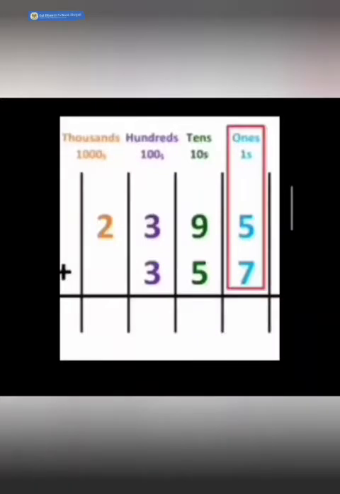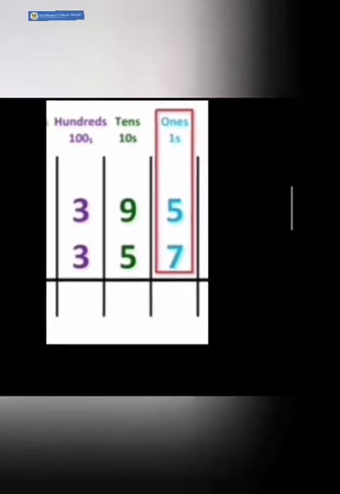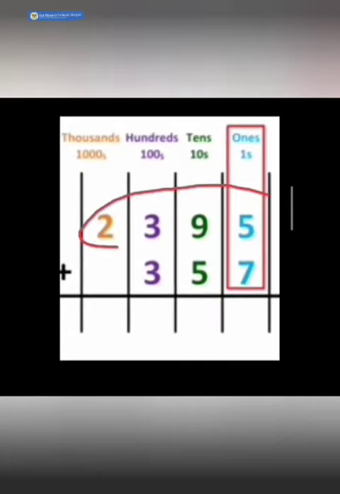Look at this question, children. The first number is a 4-digit number, 2395. It should be added with a 3-digit number, 357.